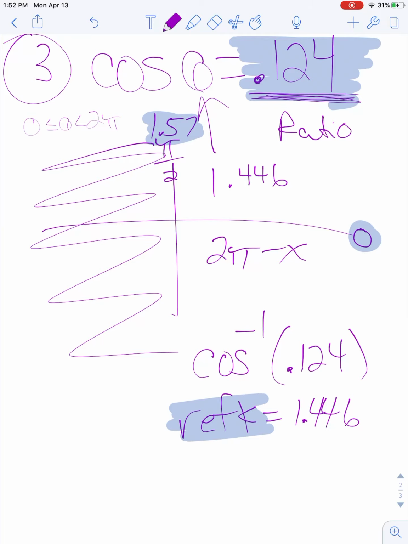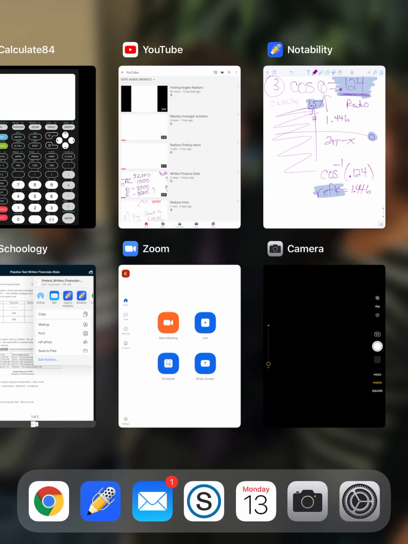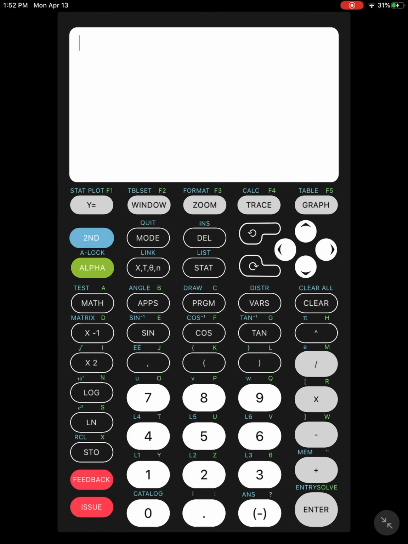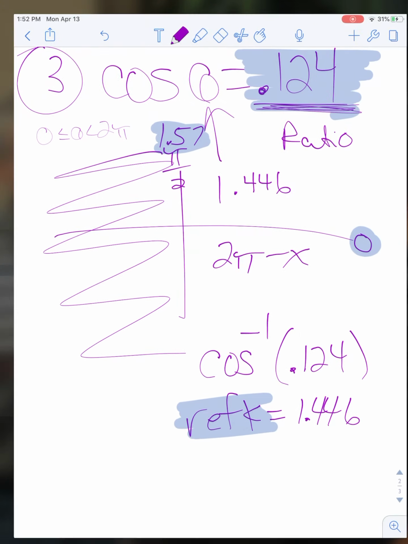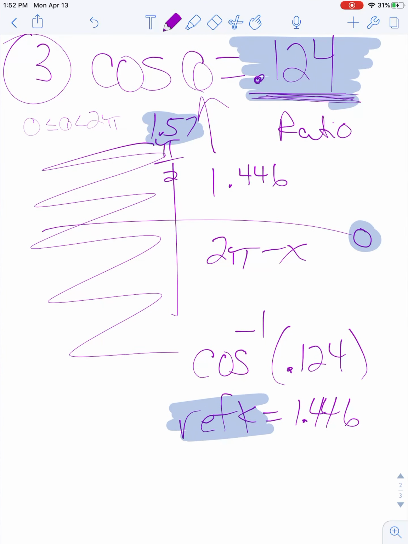I have it stored in X. I'm literally going to type in my calculator 2 pi minus X. You have that stored in for X. So you don't type in 6.28. We actually type in 2 pi. So our answer is 4.837 after we round that up. Okay, so these are our two answers.